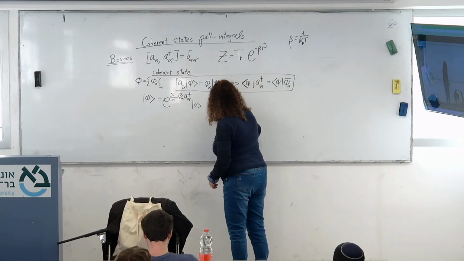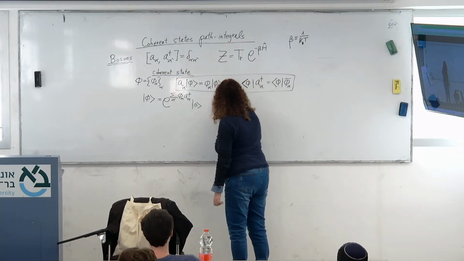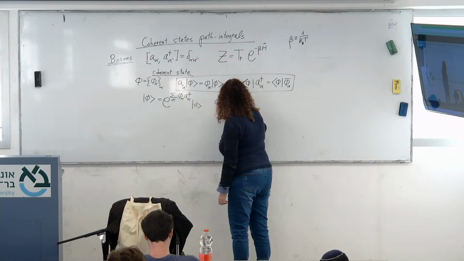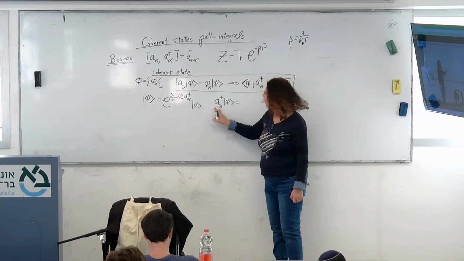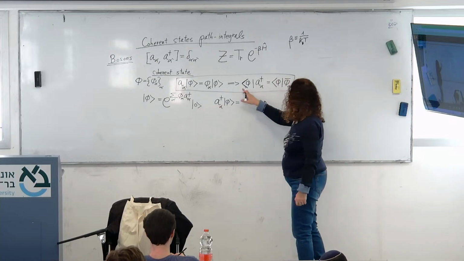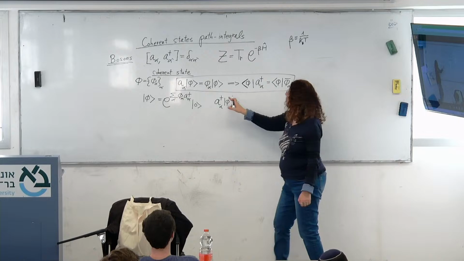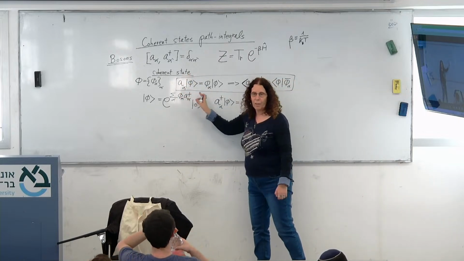So if you're acting with A alpha dagger on phi, of course phi is not an eigenstate of A alpha dagger, so don't get confused. This is just the Hermitian conjugate of this equation.